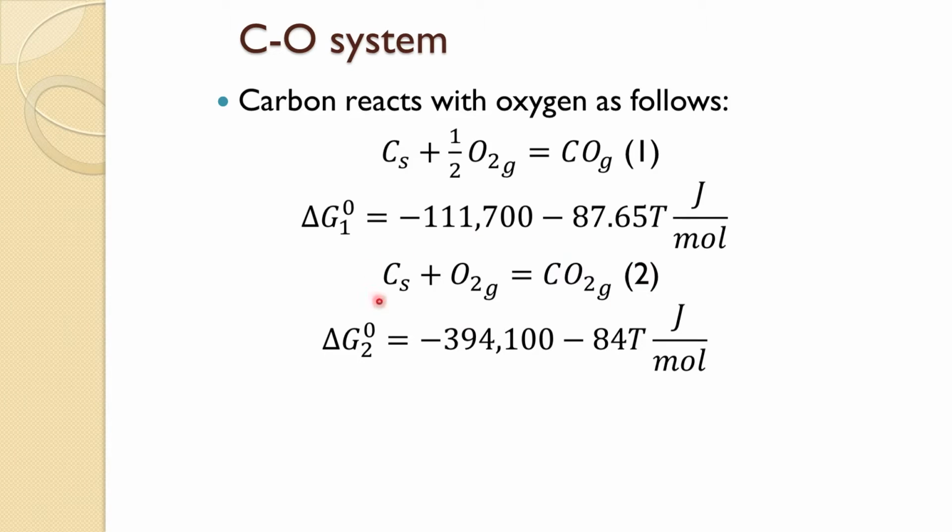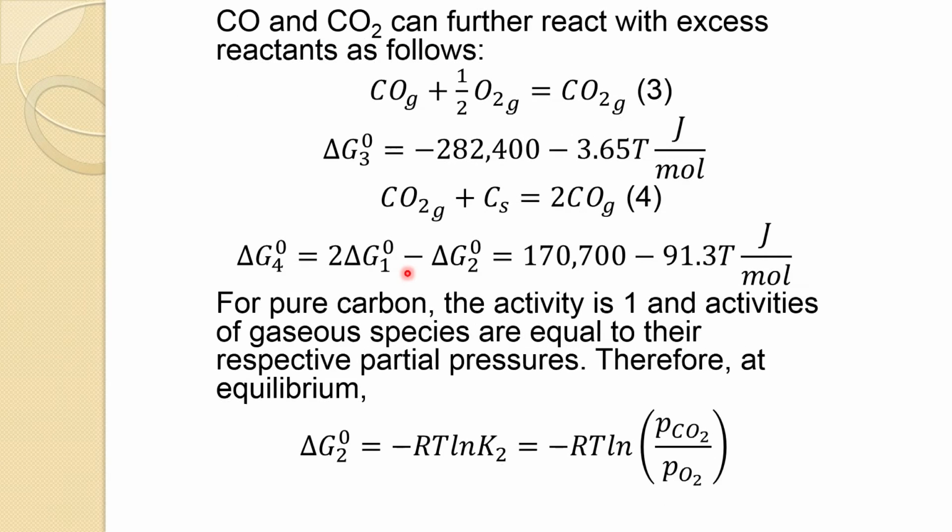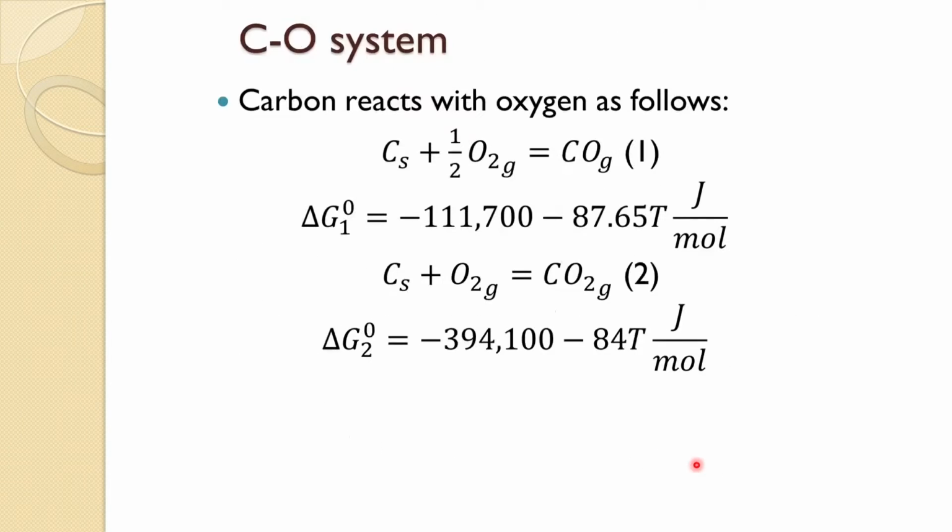So, we are considering this reaction, and you can easily write the equilibrium constant K equal to PCO2 divided by PO2 and a_C, that is the activity of carbon, and activity of carbon, as we said, we are considering is pure carbon, it has been assumed 1. So, the equilibrium constant boils down to this expression, PCO2 divided by PO2 for this reaction.